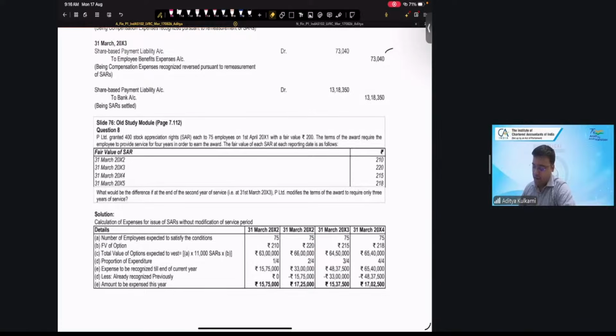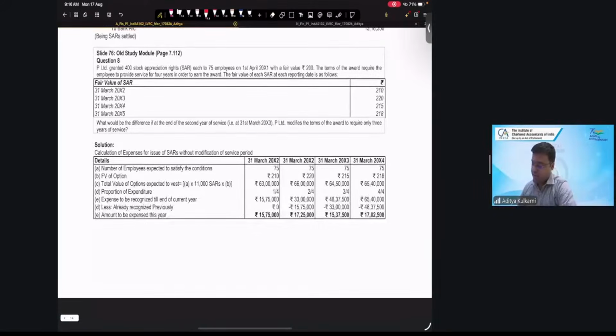The fair value of each SAR at each reporting date is as follows. You are given 4 reporting dates. What would be the difference if at the end of the second year of service, T Limited modifies the terms of the award to require only 3 years of service?